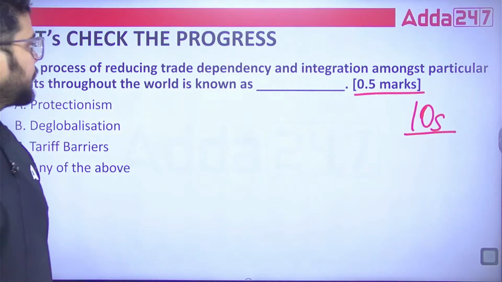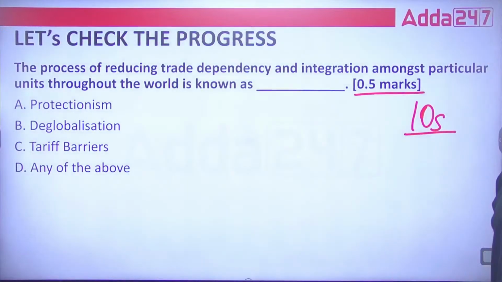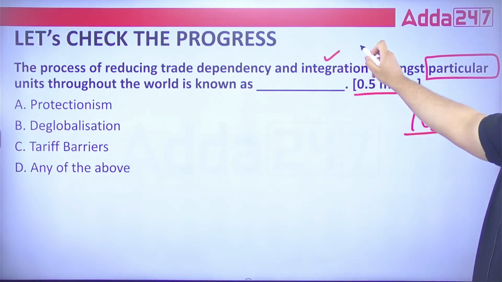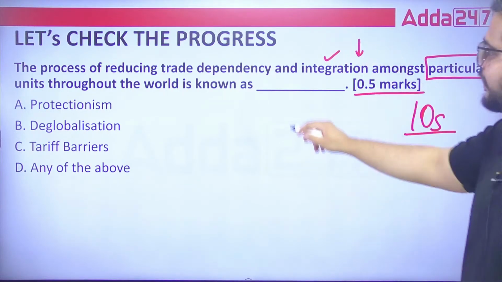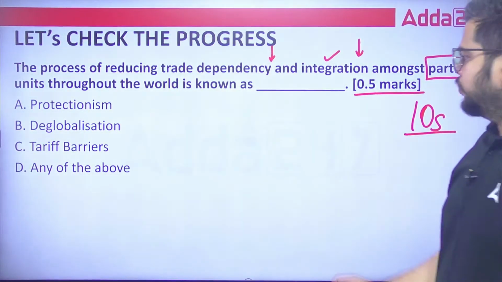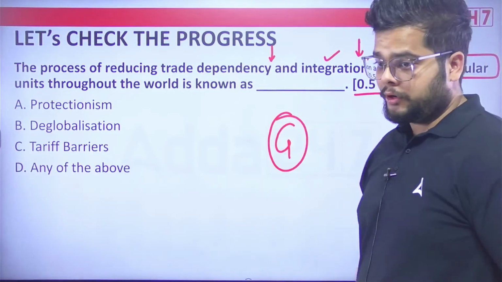So the question says, the process of reducing trade dependency and integration amongst the particular units throughout the world is known as dash. Particular units, this is the keyword, along with the integration being reduced and trade dependency also being reduced.